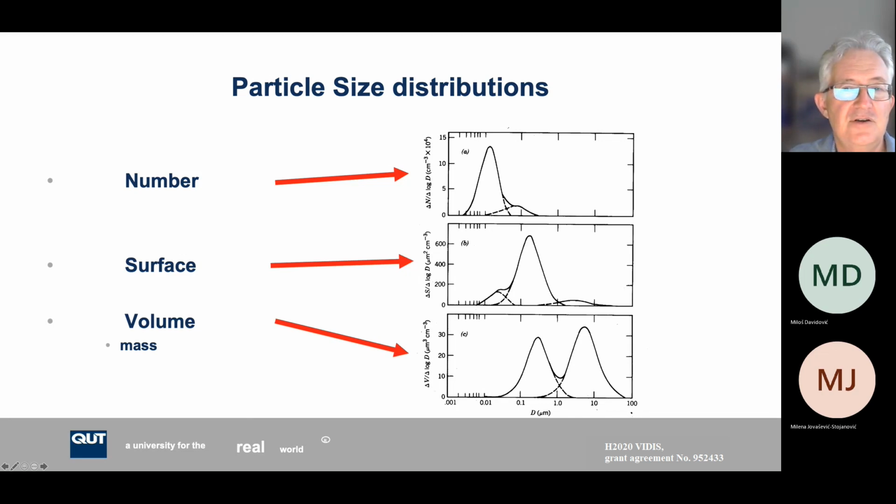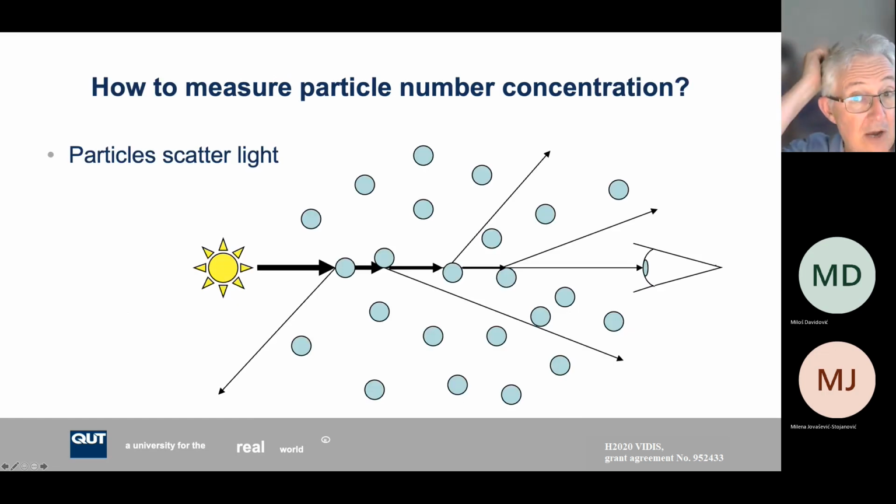It's the larger stuff. So what we'll concentrate on here is the small stuff, and we'll introduce instrumentation capable of measuring small particles, so the number concentration of particles. So how to measure number concentration? Well, the simplest thing is to use the property of particles that they scatter light.